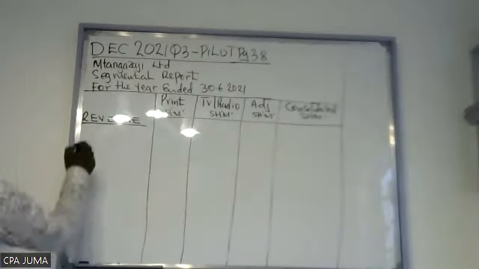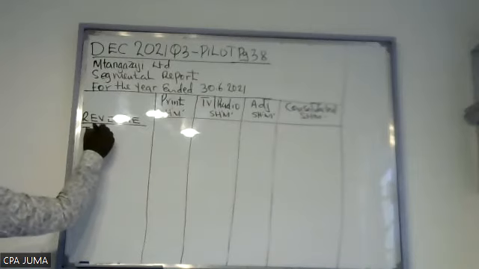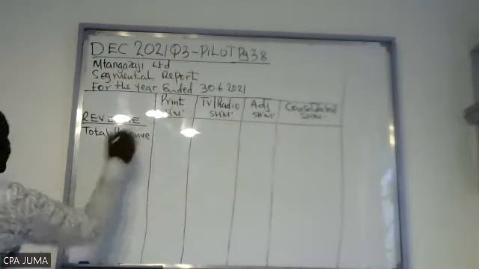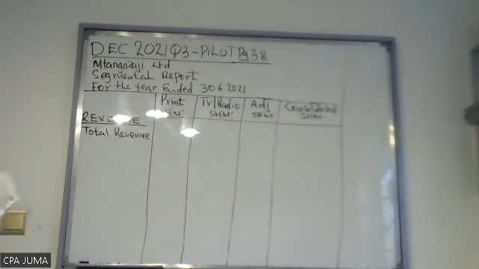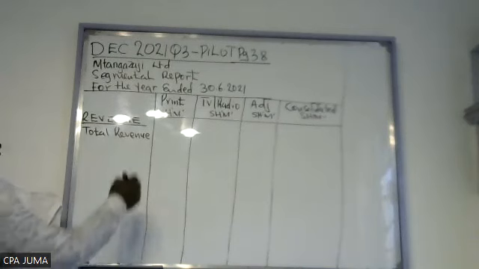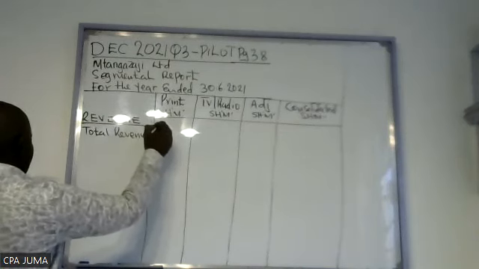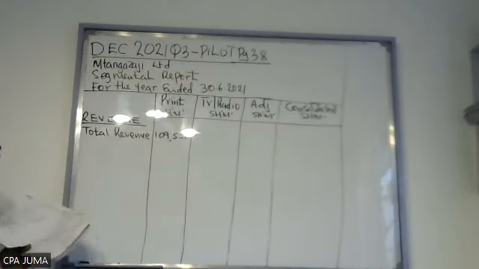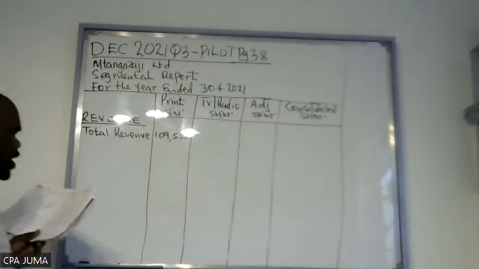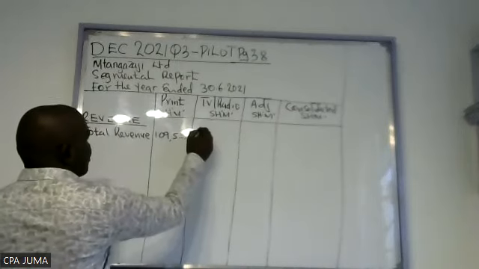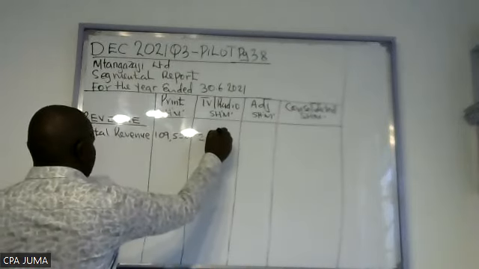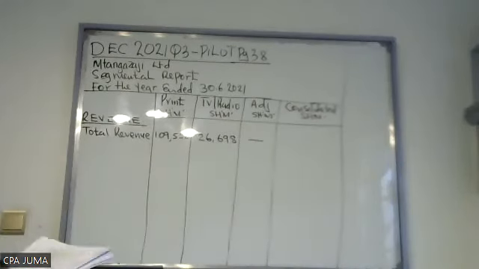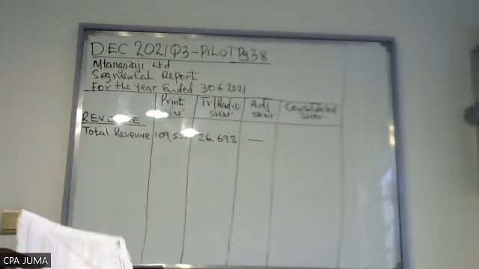So right there, total revenue, we have 109,558. Then we have 26,698. There is no intersegment, so nothing to eliminate.